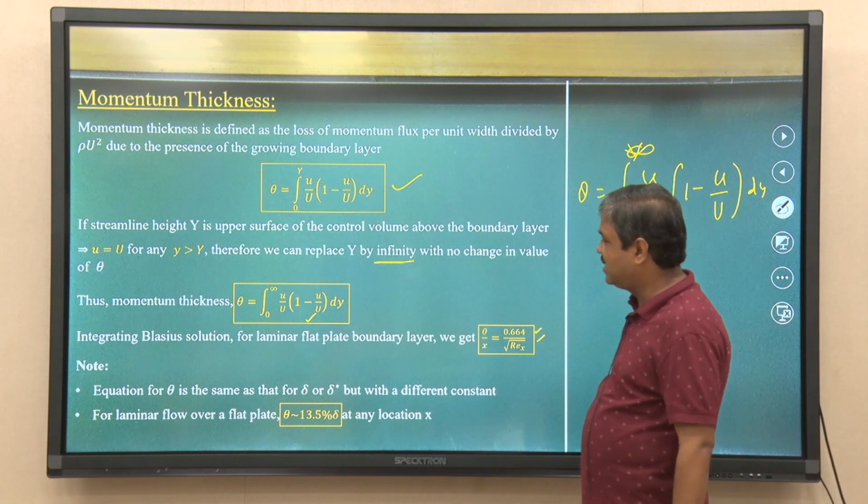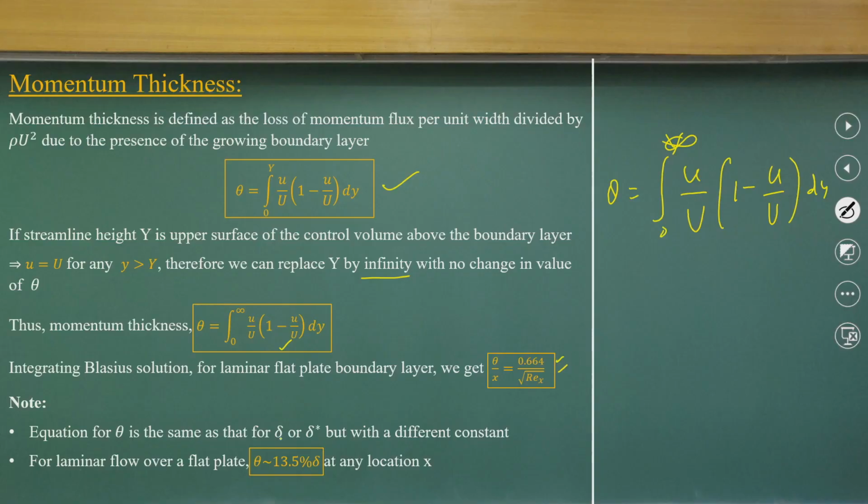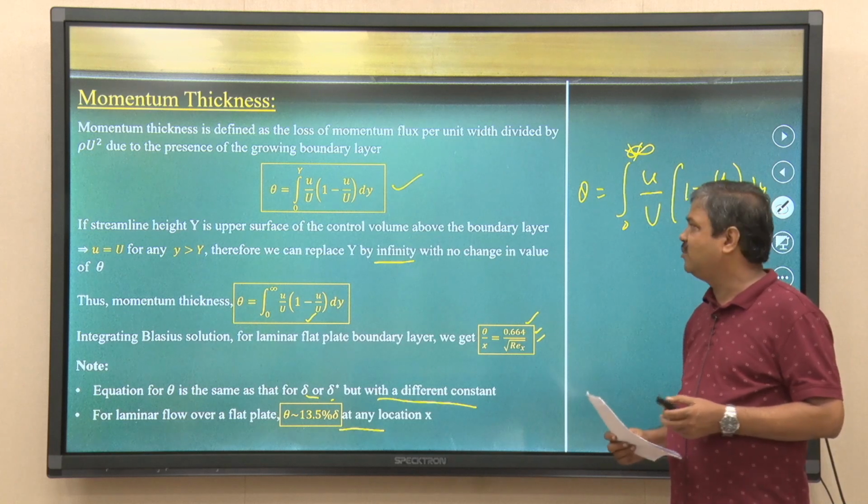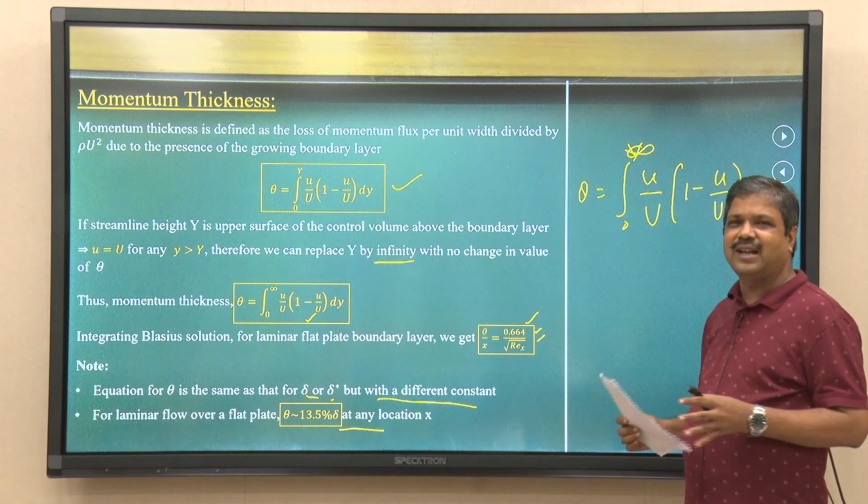Theta is the same as delta, but with a different constant value, 0.66 over root Re, which is 13% at the location x. Mostly this type of concept comes in GATE or engineering services exams.